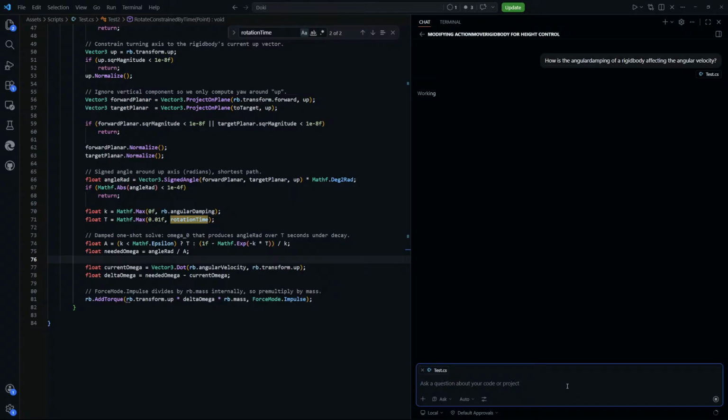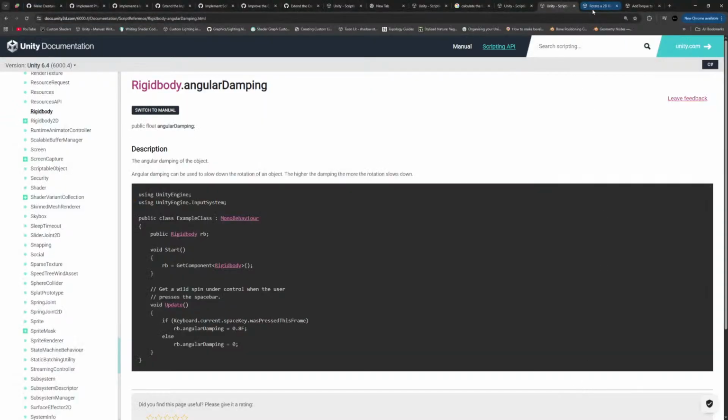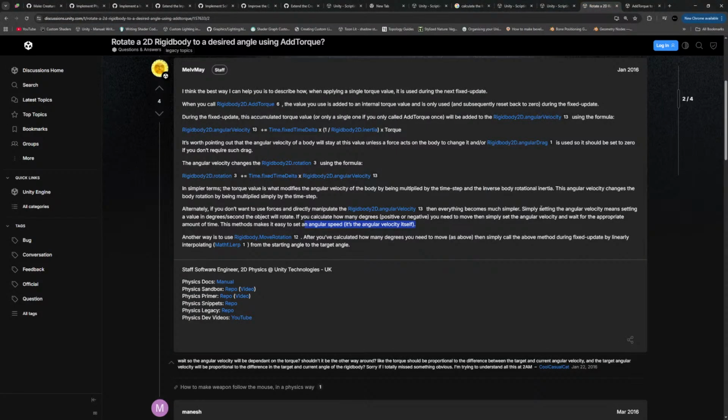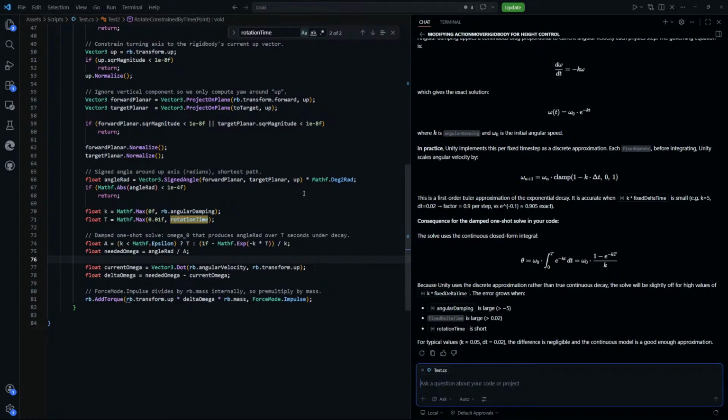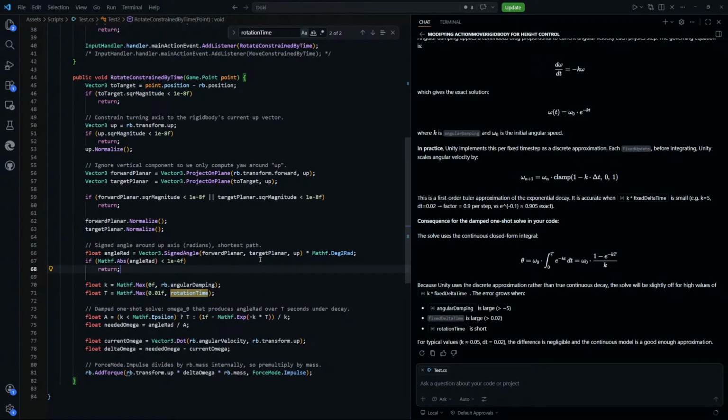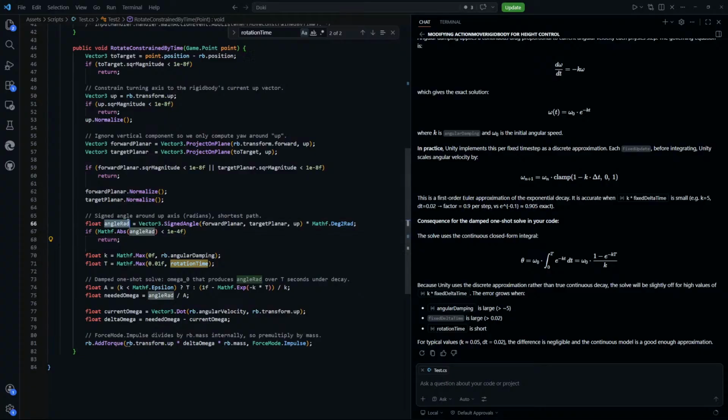So what did we say? The velocity is... degrees. Let's see. Degrees per second. The object will rotate. So what I'm getting at is, where do we have angle rad?